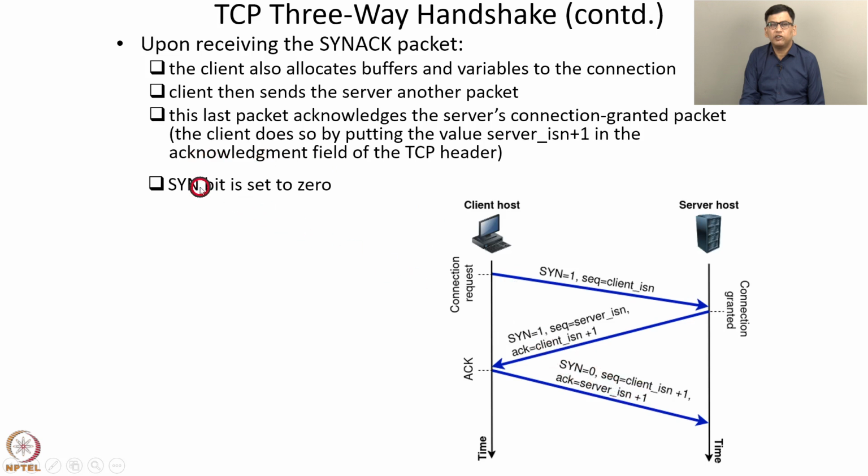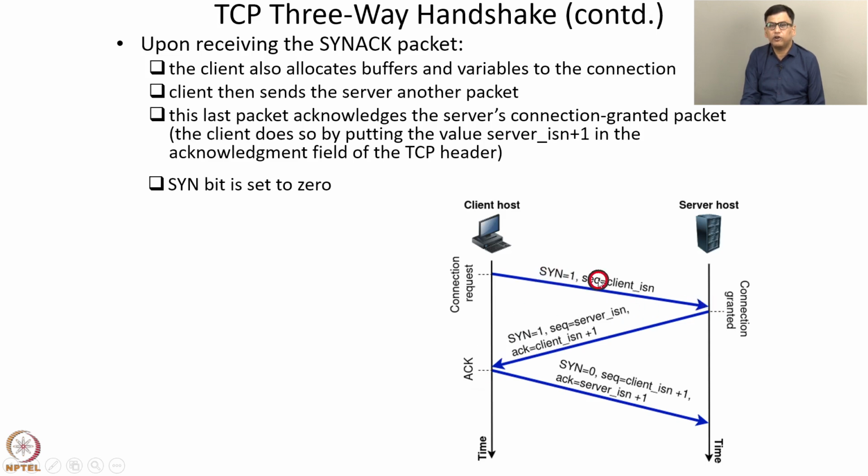The reason the SYN bit is set to 1 in the first two packets, but it is set to 0 in the third packet is the following. The first two packets are used to inform the initial sequence number of the client and the server to the other party. That is, the client informs its initial sequence number to the server, and the server informs its initial sequence number to the client. So this process is known as synchronization.